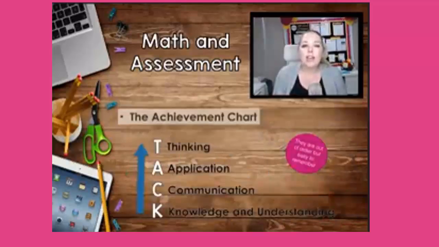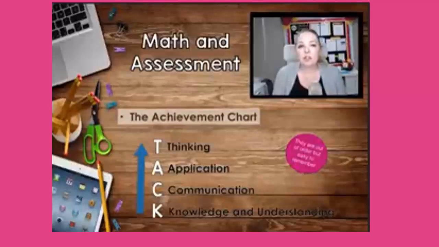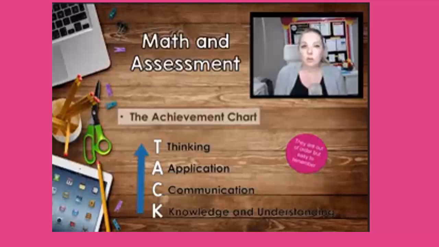So when we are looking at the achievement chart, there are 4 identified levels on the achievement chart. And in our math assessments, we do need to try to make a balance between these 4 levels. We want to make sure that we have questions on there that are simply knowledge and understanding questions, where a student is just solving a problem or solving a question that we're giving them.